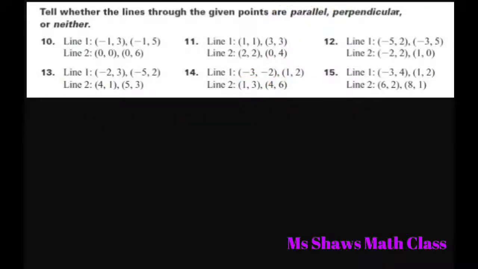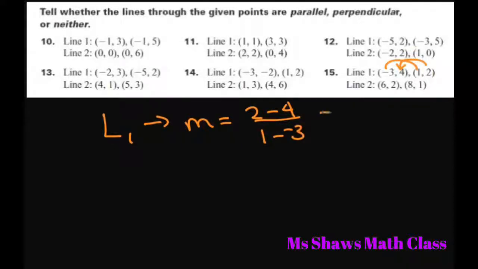And finally, the last one, we have line 1. And so the slope is going to be 2 minus 4 for your y, 1 minus the negative 3, which is negative 2 over 4, which is negative 1/2.